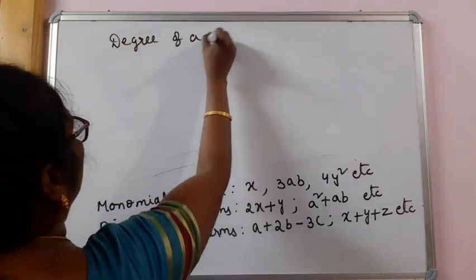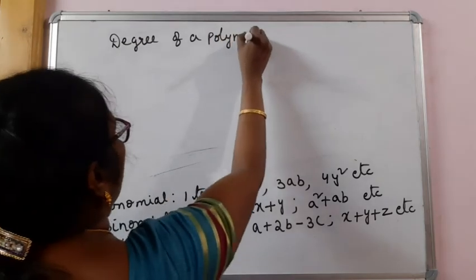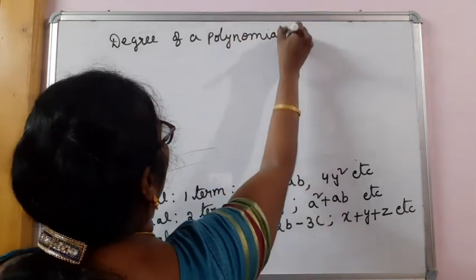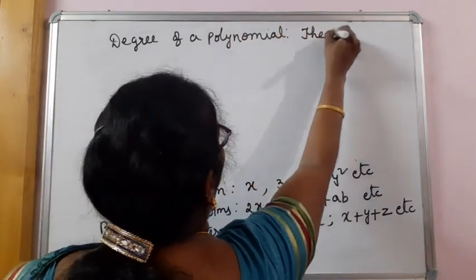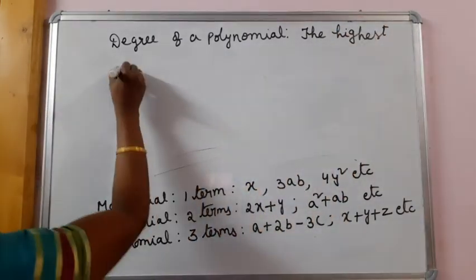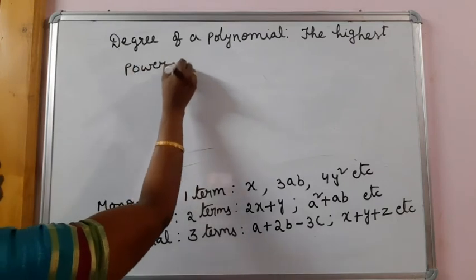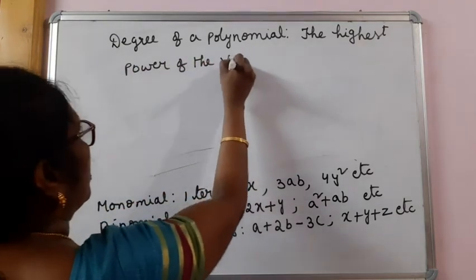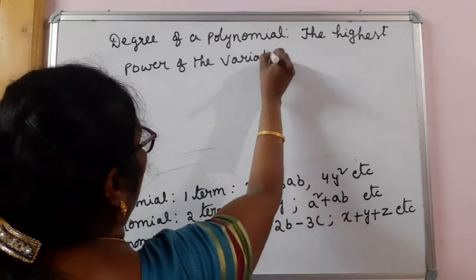The highest power of the variables in an algebraic expression is called the degree of the polynomial.